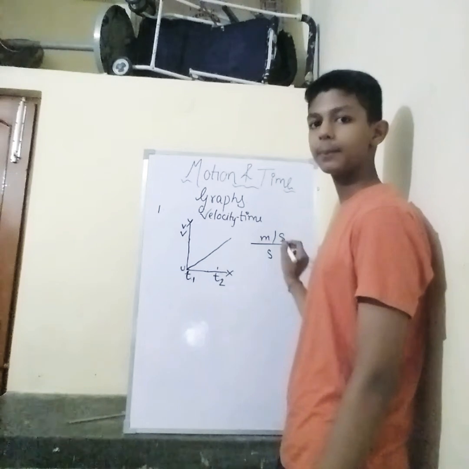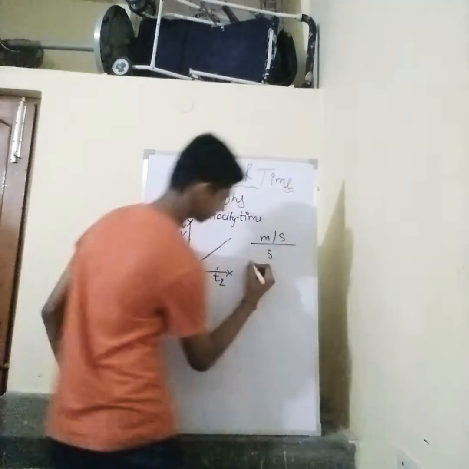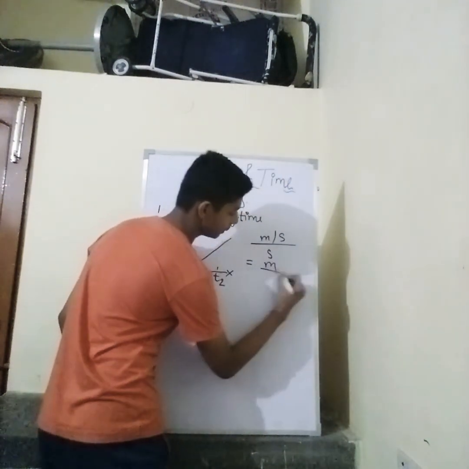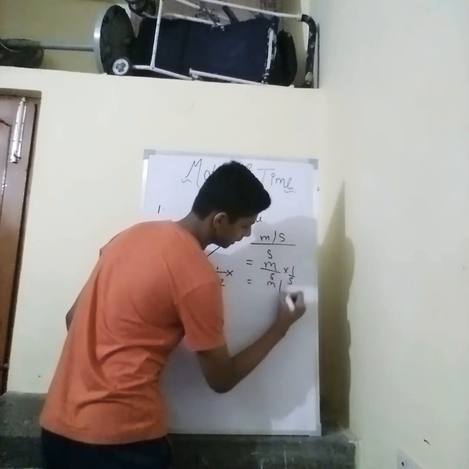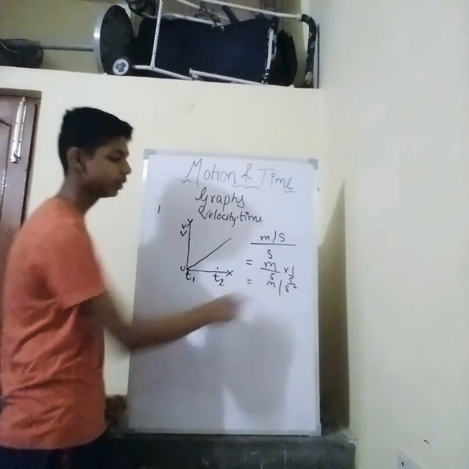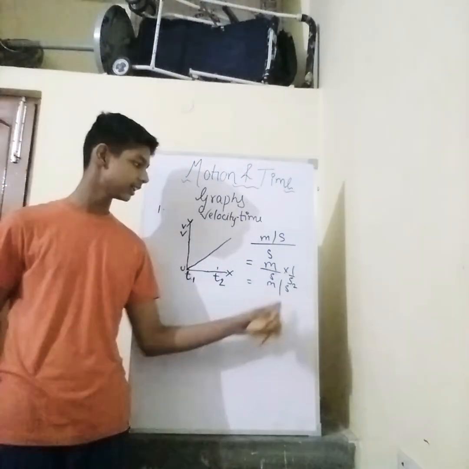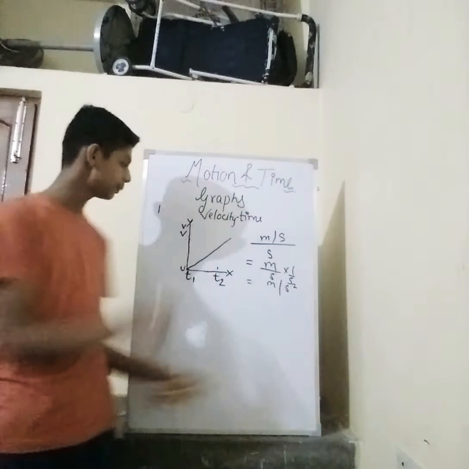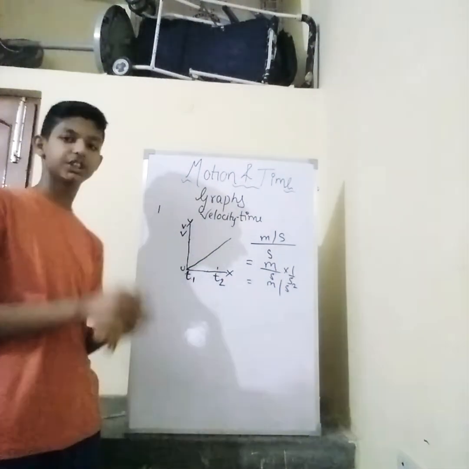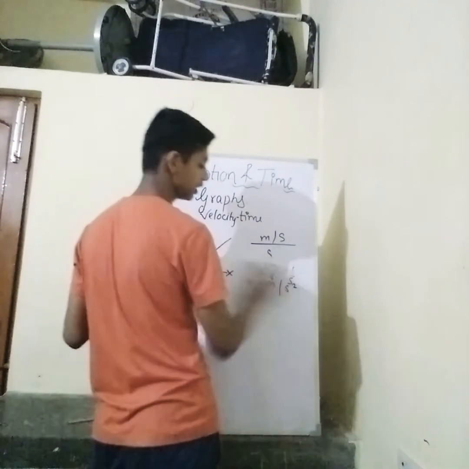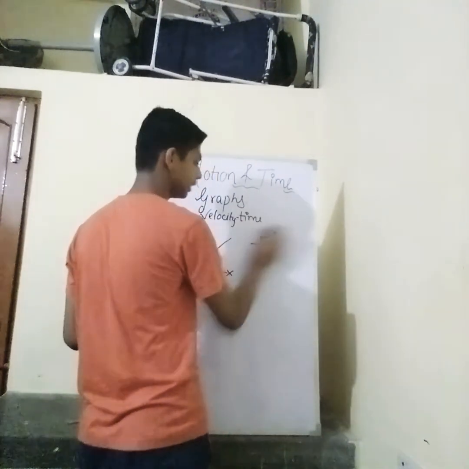Meter per second by second will be meter by second into 1 by second, which is meter per second square. That is the unit of acceleration. If we put here the magnitudes, it will be the whole value of acceleration along with direction and unit.